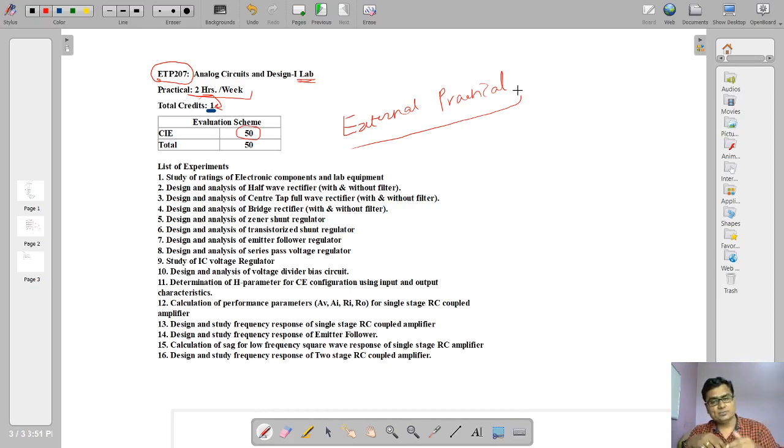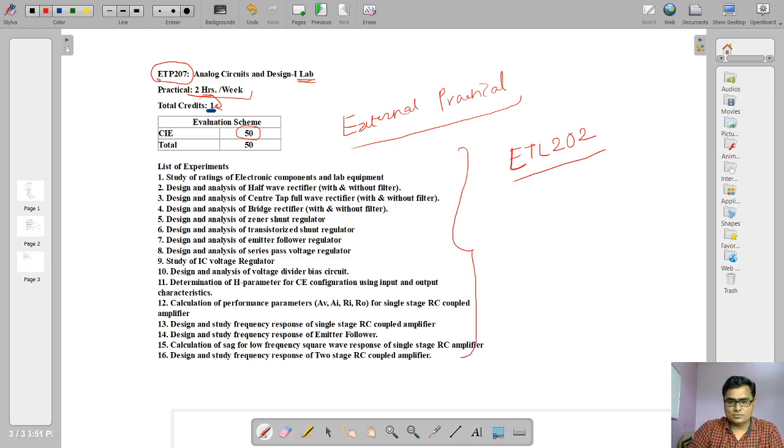So depending upon the syllabus we have studied in the classroom, which is correlated with ETL 202, we have to go for those practicals. Look at the practical list now.